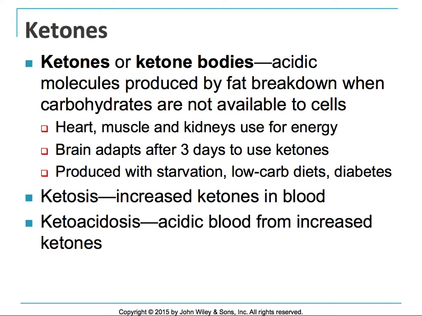Your brain does adapt after about 3 days to use ketones, and these ketone bodies are produced with starvation and low carb diets, and are seen in poorly managed diabetes. Ketosis is the term used to describe increased ketones in the body, and ketoacidosis is having acidic blood from increased ketones.